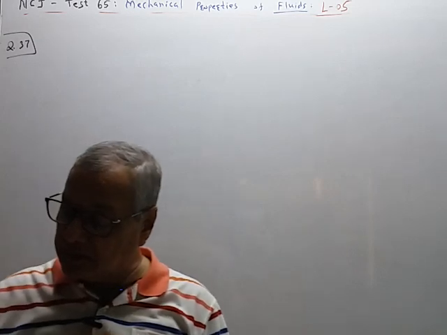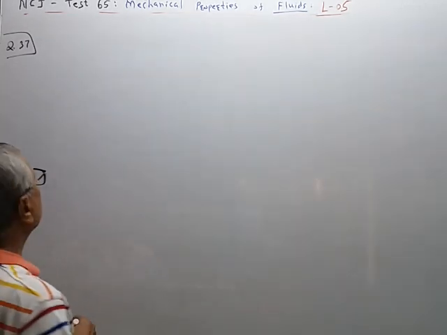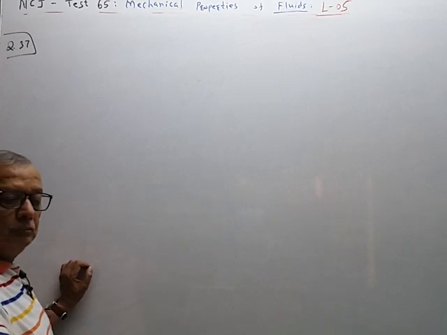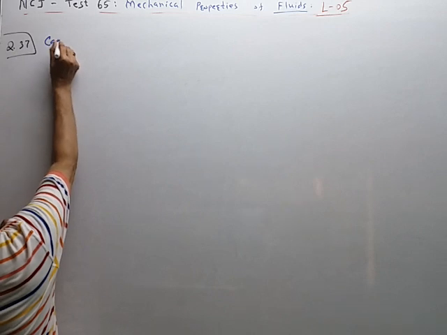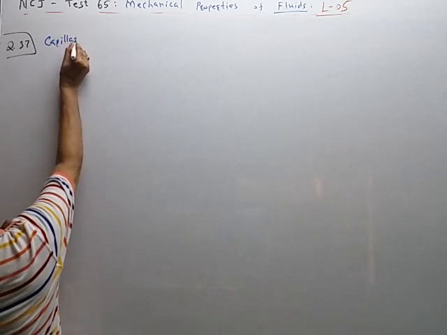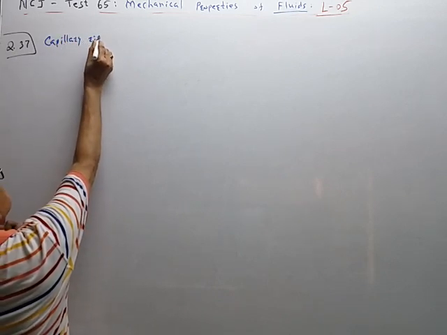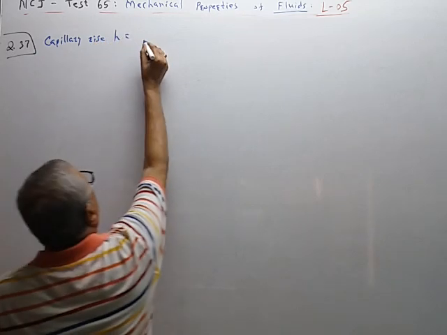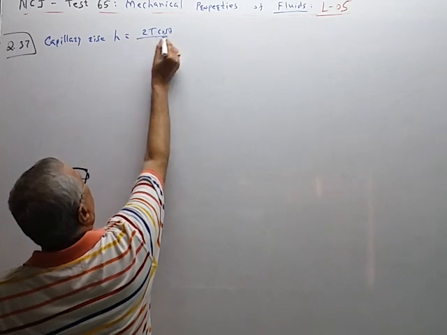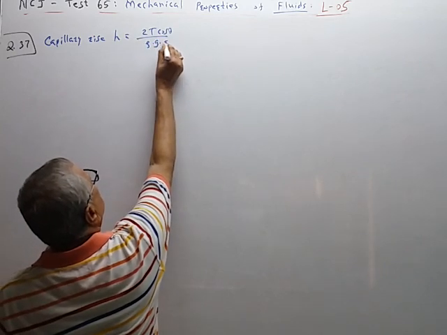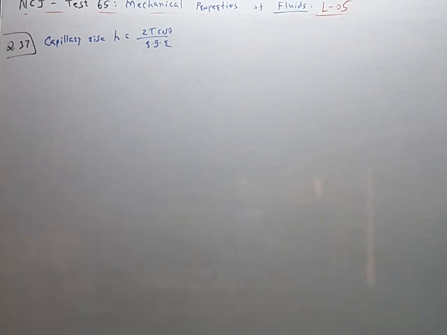So we have to find the surface tension. So we know directly this formula. Capillary rise H is equal to 2T cos theta upon rho g r, where theta is the angle of contact, and that angle of contact is given 0 degree.